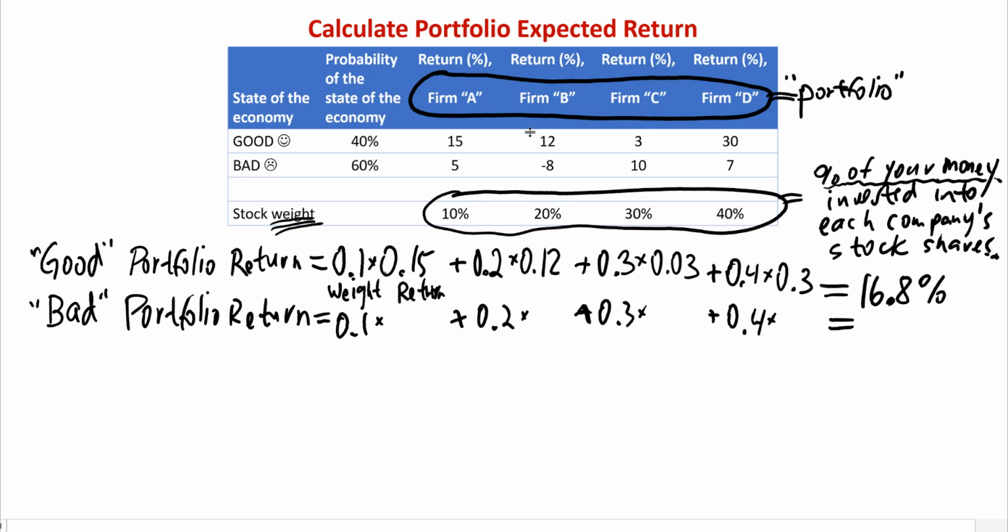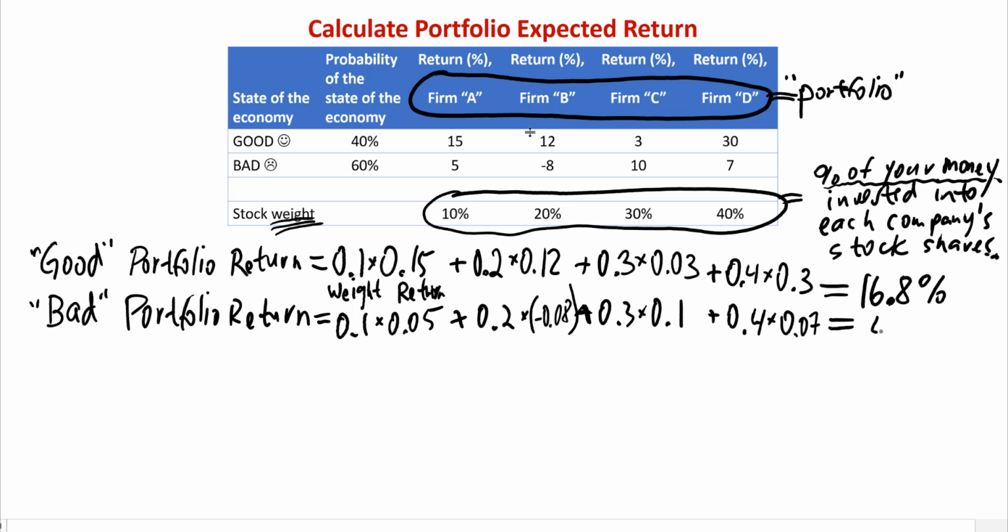So now only the returns need to be updated, and we take them from the bad scenario, the bad state of the economy. So it's now 5, minus 8, 10, and 7. Or in decimals, 0.05, minus 0.08, then 0.1 and 0.07 for the last stock.